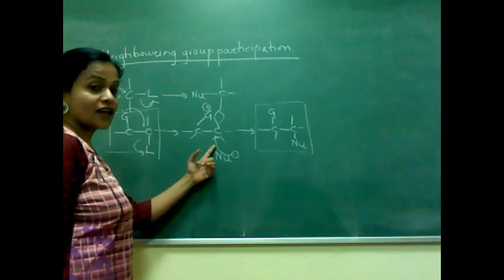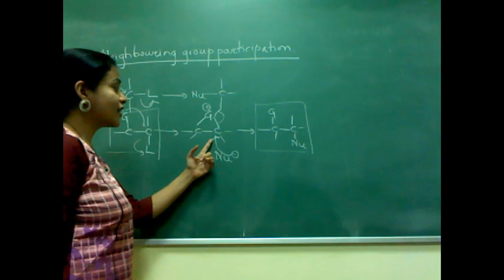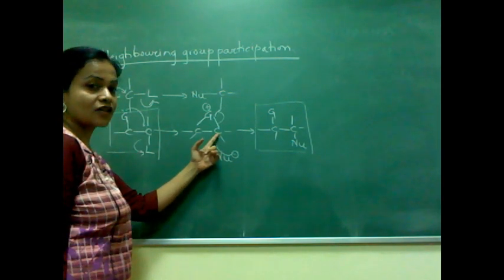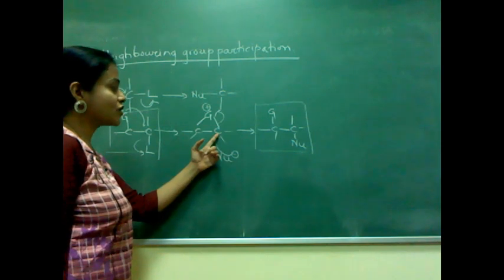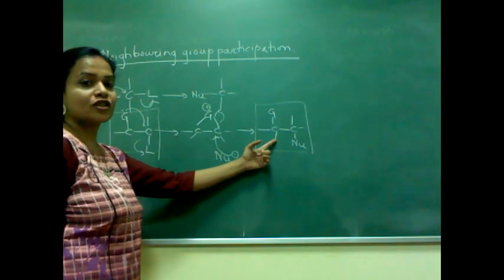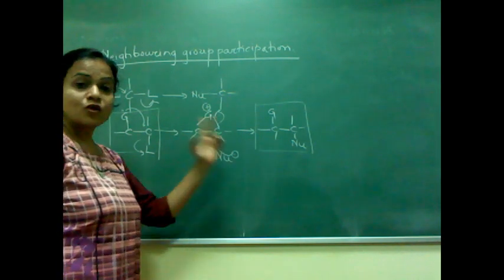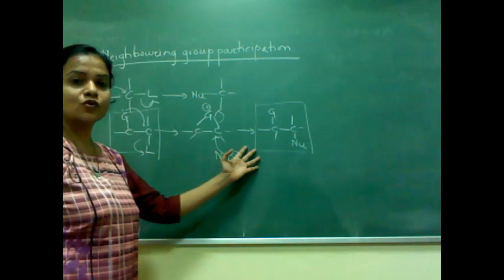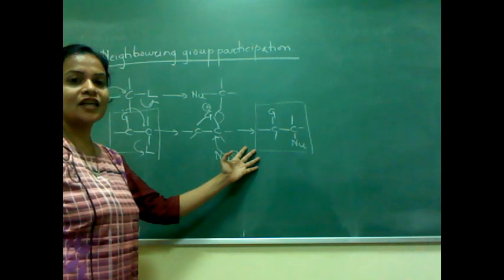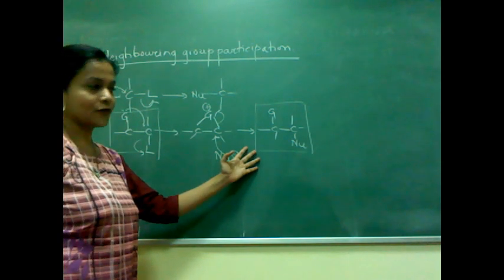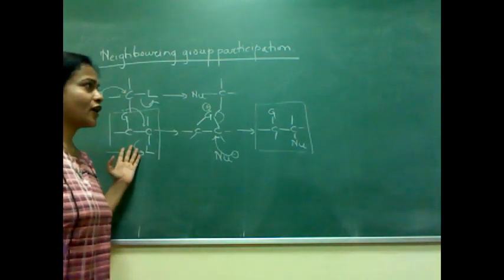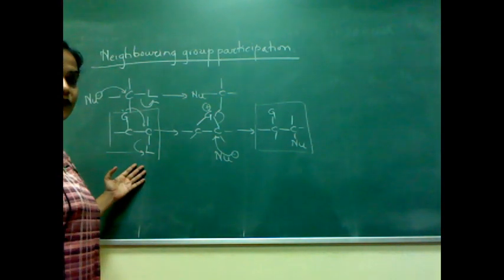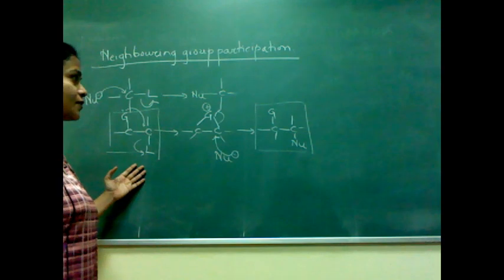Now the externally added nucleophile opens up the three-membered cyclic ring structure from the side opposite to it, leading to the formation of the product. So that means two SN2 reactions are taking place, which leads to overall retention in the product. This is a general introduction to neighboring group participation.